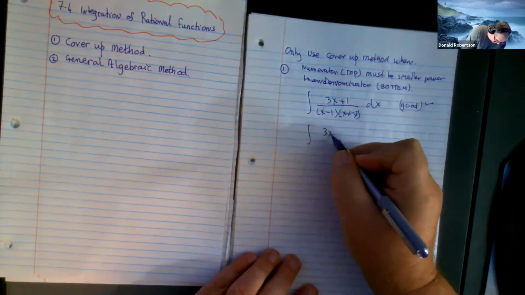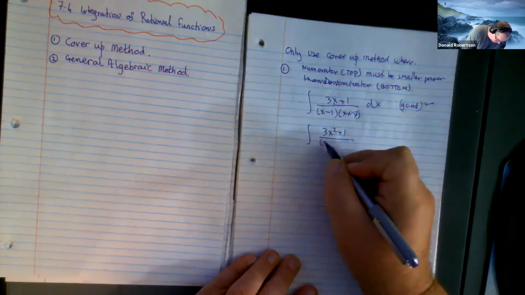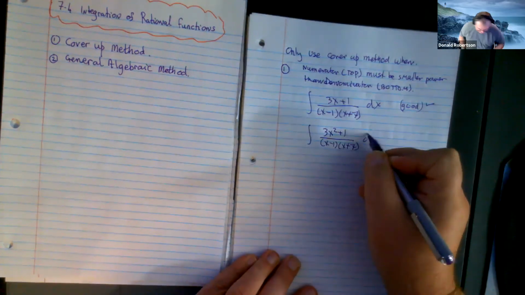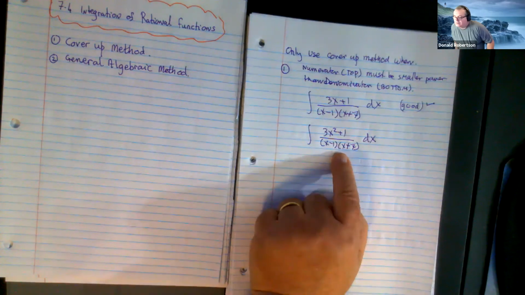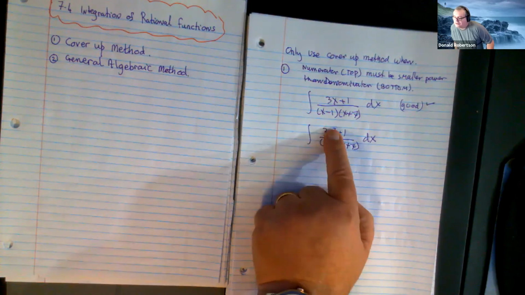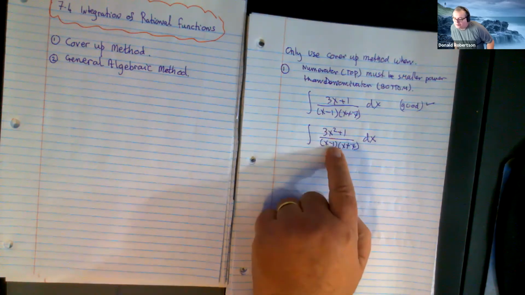On the other hand, you see this guy here? Looks like you should be able to do it. Do you notice that the top power is x squared and the bottom power is x squared? Do you see that, guys? X squared on the top, and if you FOIL that out, x squared on the bottom. That's bad.